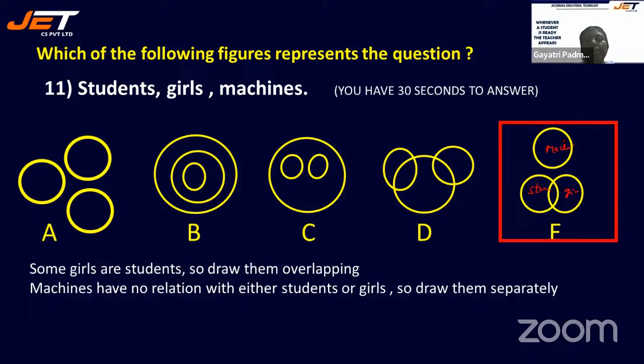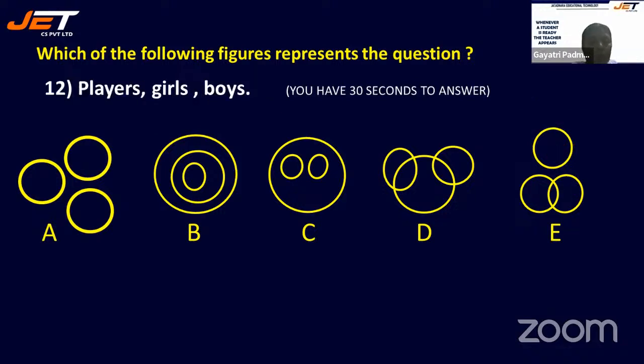All right, now let's see the last question for today. Which of the following figures represents the question? You have players, girls, boys. So one clue, players can be both girls and they can be boys. All right. Now your 30 seconds time starts.